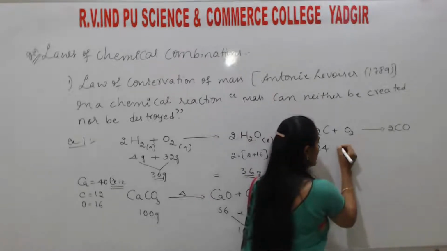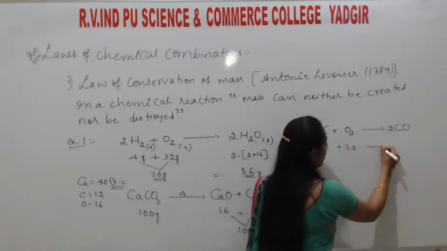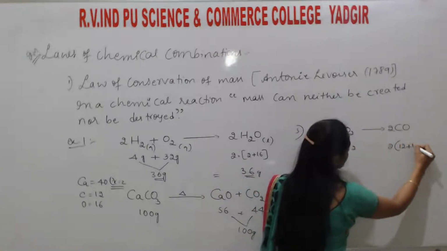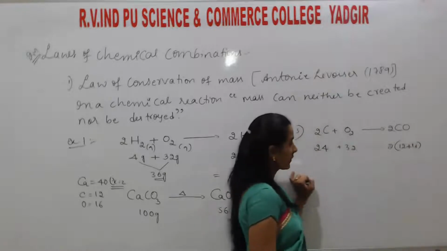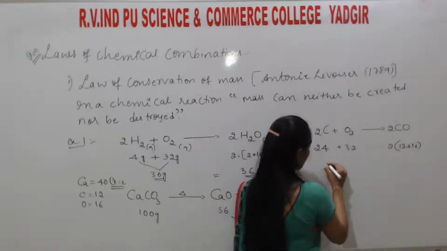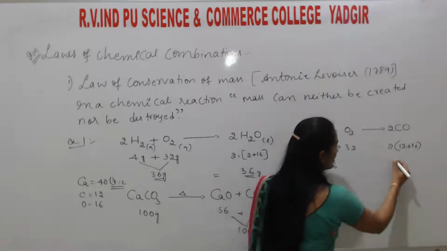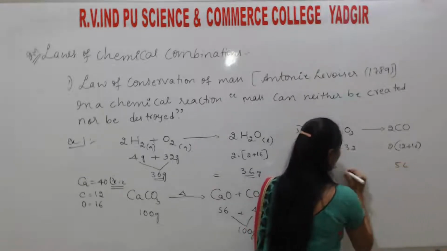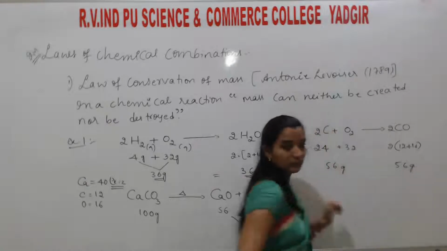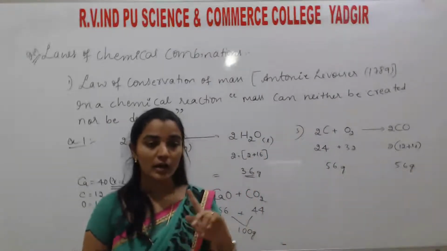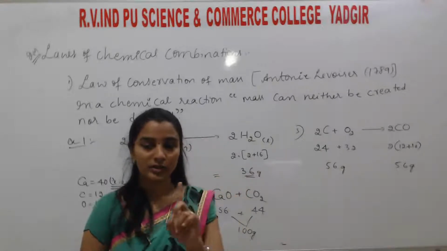Next, this one is 2 into 12 plus 16. If you add, you will get 56. Here 2 into 28 that is 56. Correct? No matter which reaction it is, it always satisfies the law of conservation of mass.